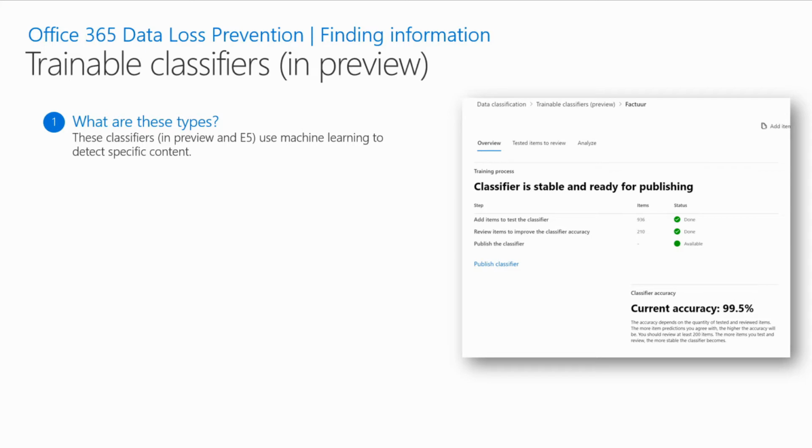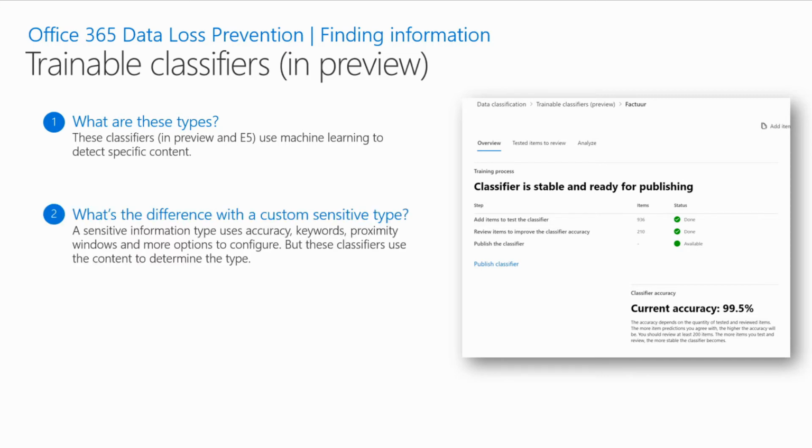Let's say you have a very large assignment of, for example, patent documents, and you want to create your own patent trainable classifier. You apply those documents to a SharePoint library. The system will analyze these, will see the similarities between the documents, and will determine if a type is a sensitive information type for a specific accuracy.